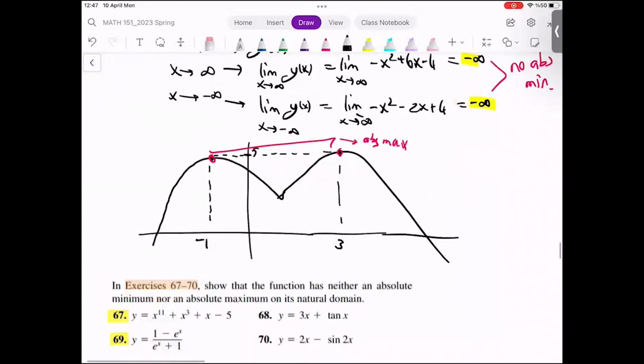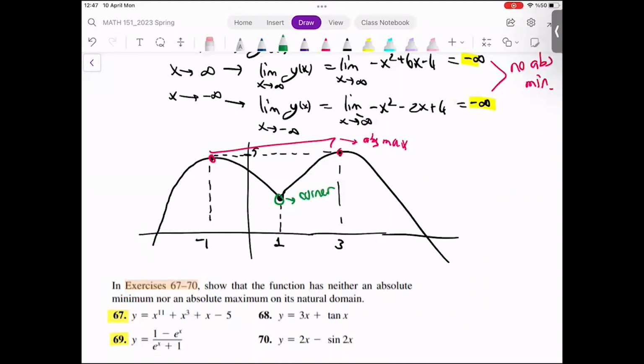By the way, this is also another critical point, which is 1. Why do we find that at this point our first derivative function is undefined? Why is this function not differentiable at x equals 1? It is defined there, but it is not differentiable there, because there is a corner here.